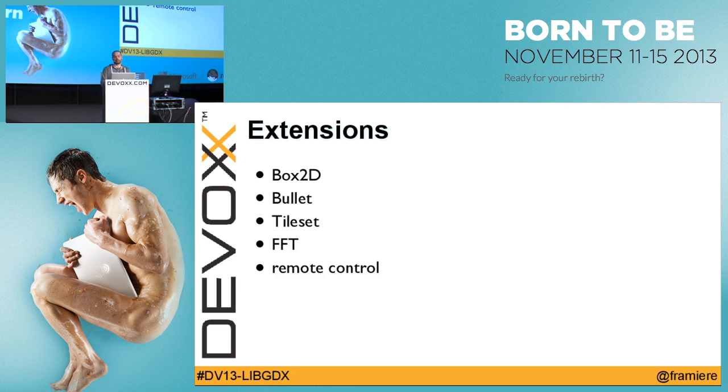There's Box2D, the bullets. There are many tools that game developers use, like tilesets and stuff with the Fourier transforms. So it targets many OSs, and the iOS output is pretty new.